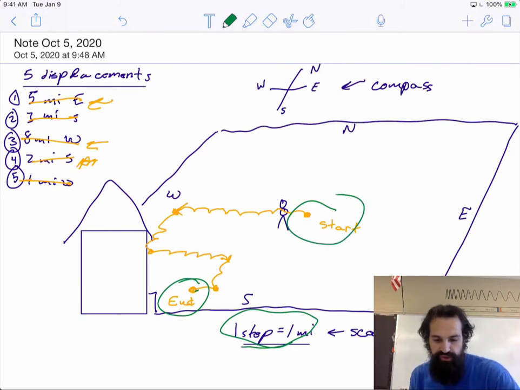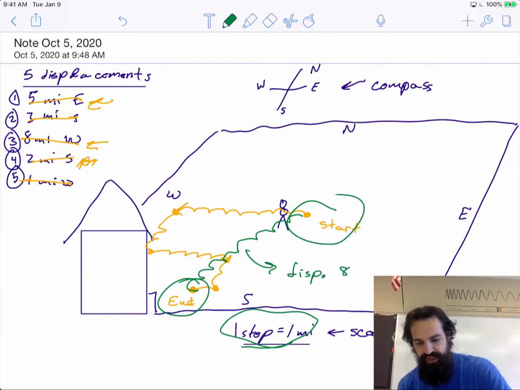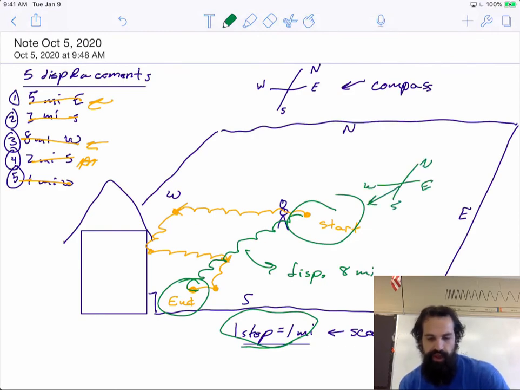Now you're going to return to your starting point and count the steps to your ending point. 1, 2, 3, 4, 5, 6, 7, 8. So my displacement is 8 miles. And which direction did I go? North, east, southwest? Well, I went southwest. So my displacement is 8 miles southwest.